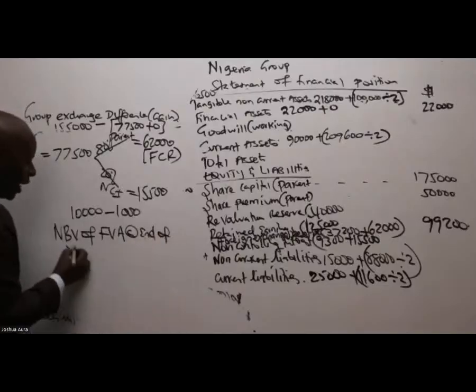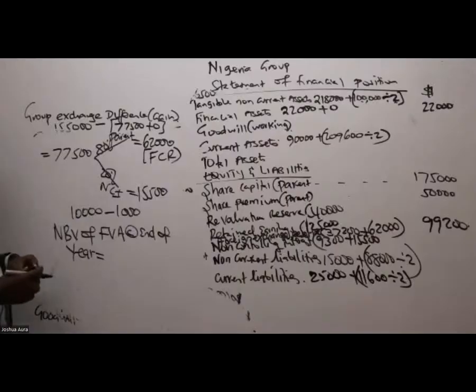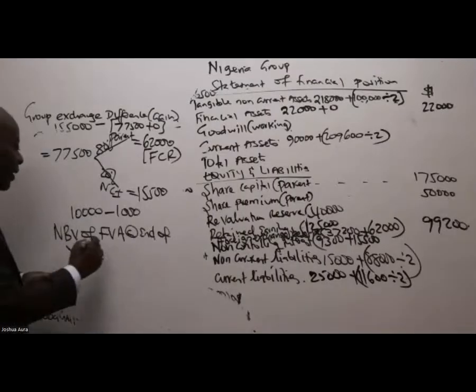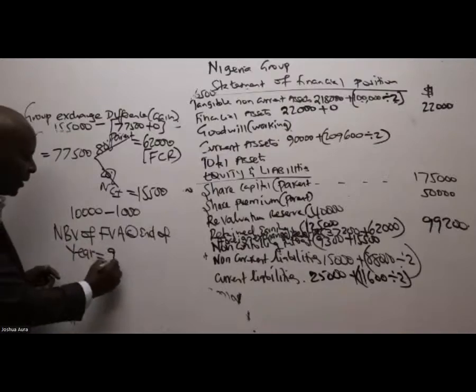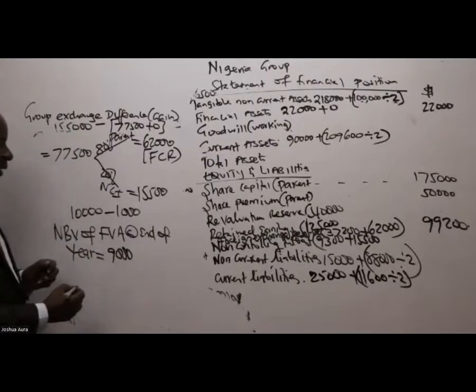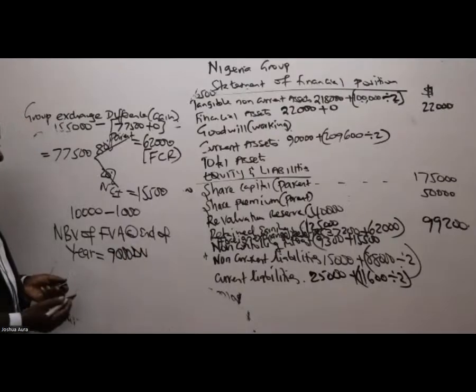This will be 10,000 minus 1,000, which gives me 9,000, which is DN.